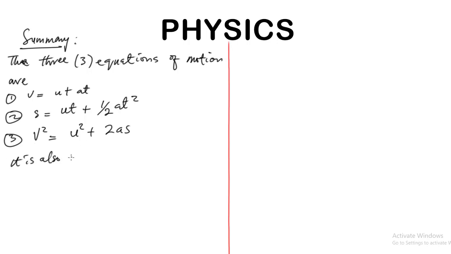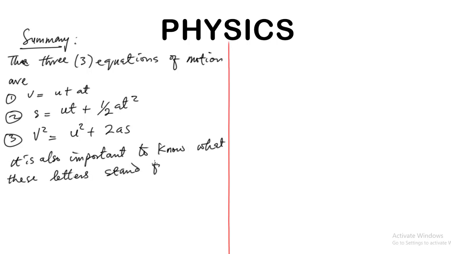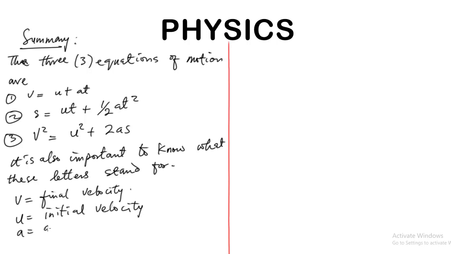It is also important to know what these values or letters stand for. v stands for final velocity, u stands for initial velocity, a stands for acceleration, t stands for time, while s stands for distance.